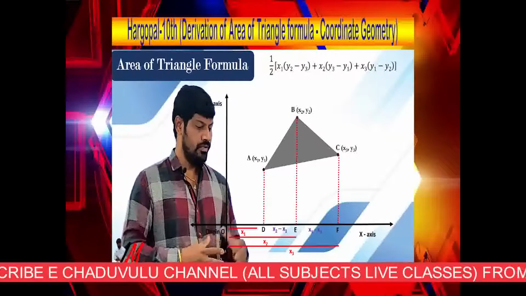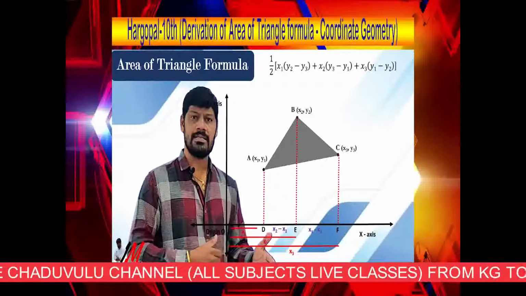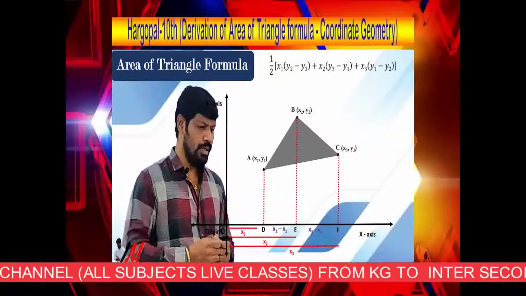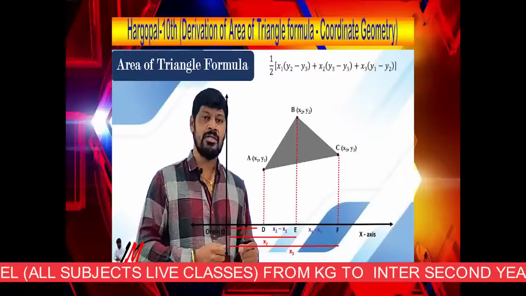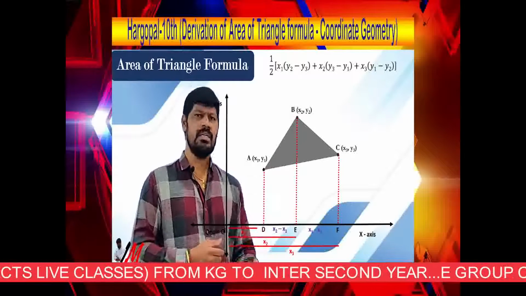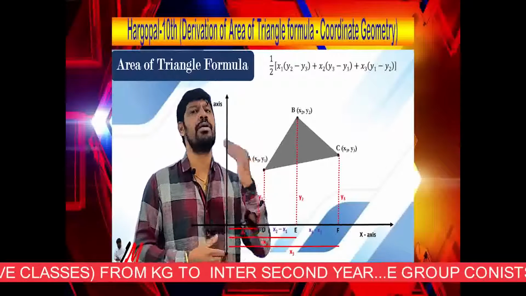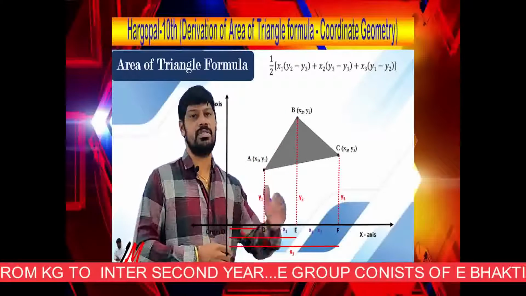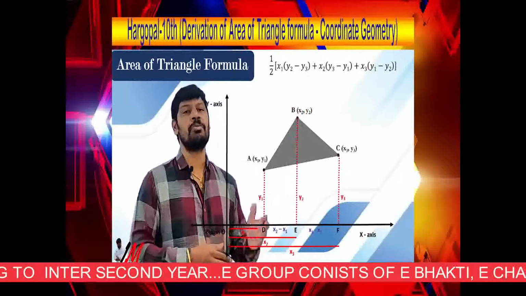So we got DE as x2 minus x1 and EF as x3 minus x2. Now, the distance AD is nothing but y1, because the point is (x1, y1). Similarly, BE length is going to be y2, and CF length is going to be y3.